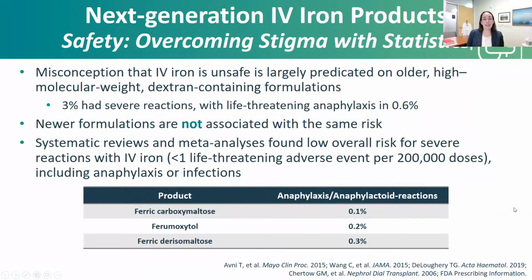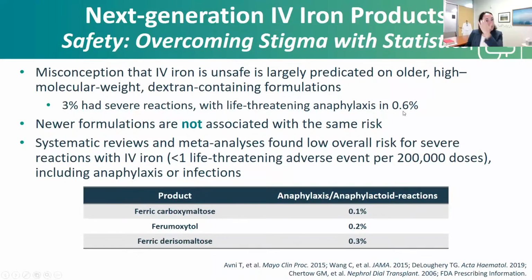One big thing that I hear a lot about IV iron therapy is that it's not safe. There's high rates of anaphylaxis. And in the past, that used to be true. In the high molecular weight iron dextran containing products a long time ago, up to 3% had severe reactions, with life-threatening anaphylaxis occurring in 0.6%. But these newer formulations do not have the same risk.